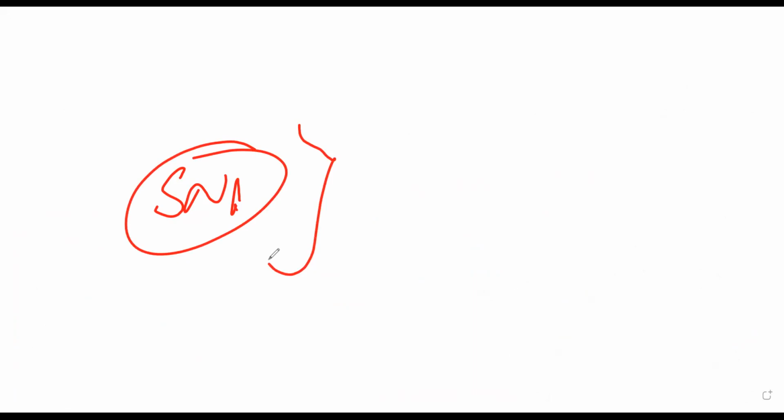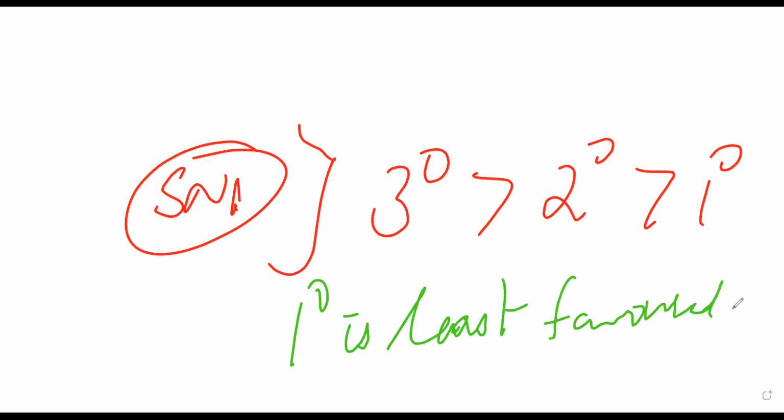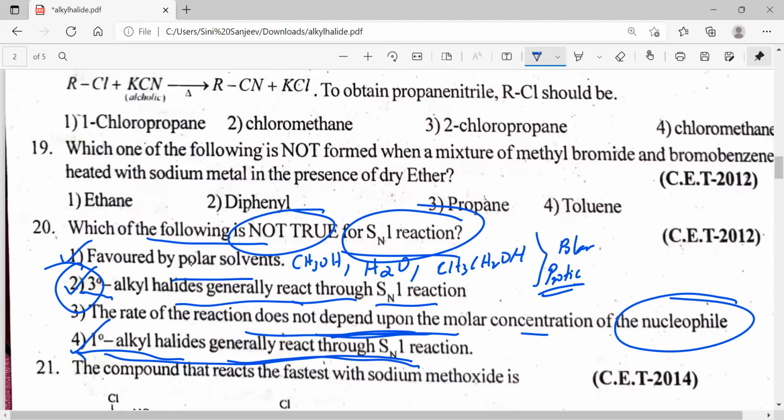If I'm just seeing the reactivity series of SN1, it is what? Tertiary greater than secondary greater than primary. So primary is least favored. So it generally doesn't react. So the answer is option number 4 for this.